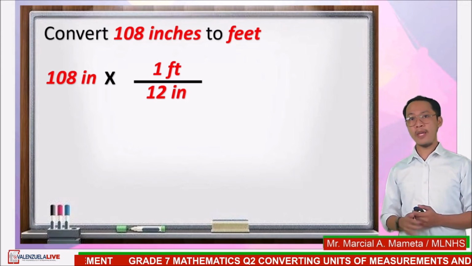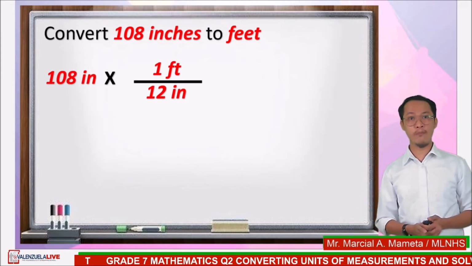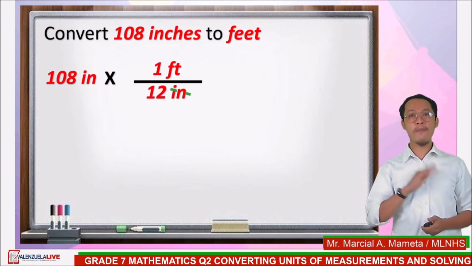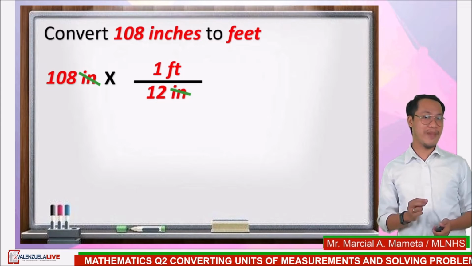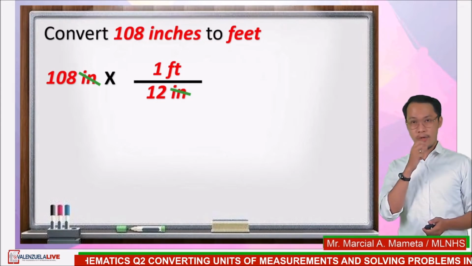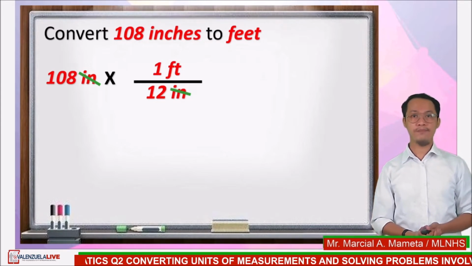So multiplying 108 inches by 1 foot over 12 inches, we may cancel the unit inches so that the remaining unit for our answer is foot or feet.